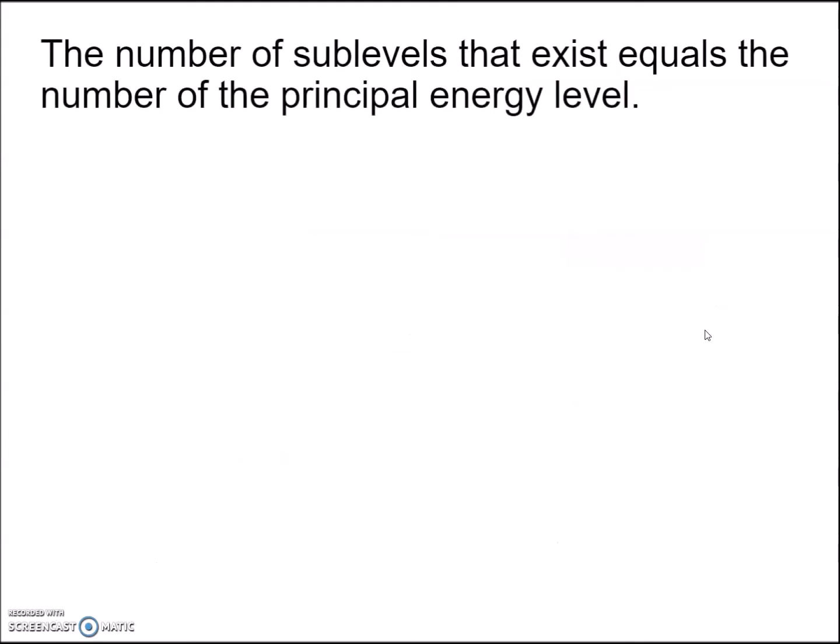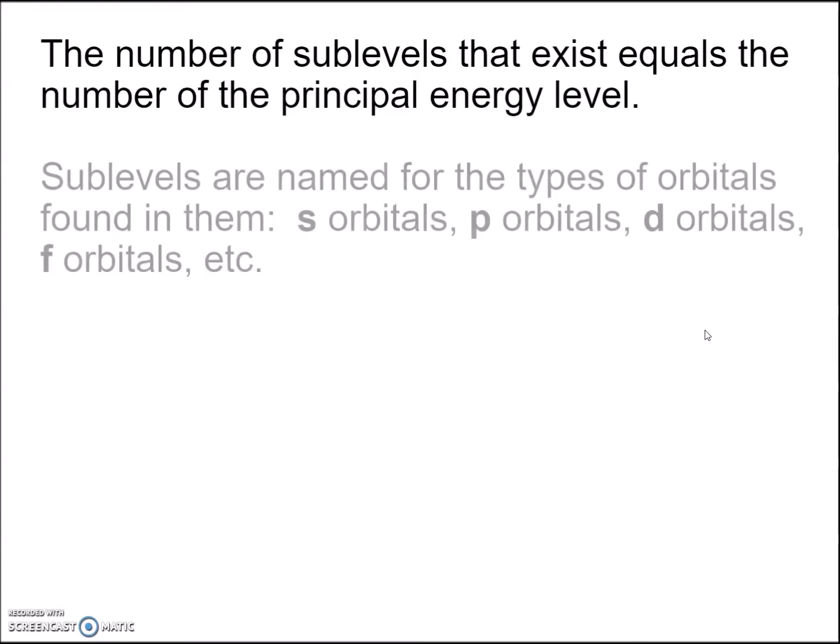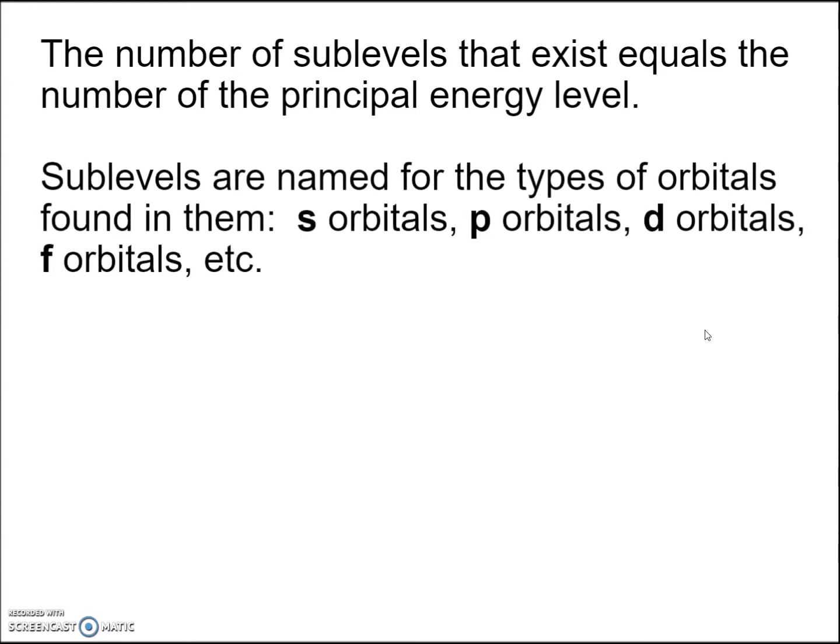Okay, so let's recap. The number of sublevels that exists within a given principal energy level is equal to the number of the principal energy level. We name the sublevels for the types of orbitals that are found in them. So an s sublevel will contain s orbitals.